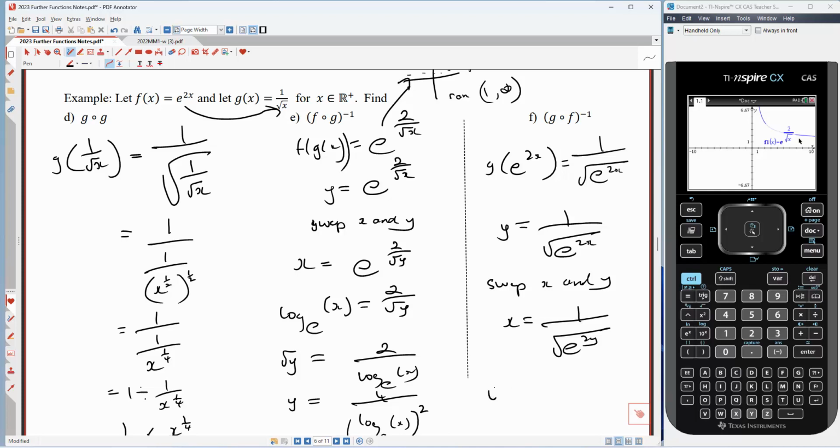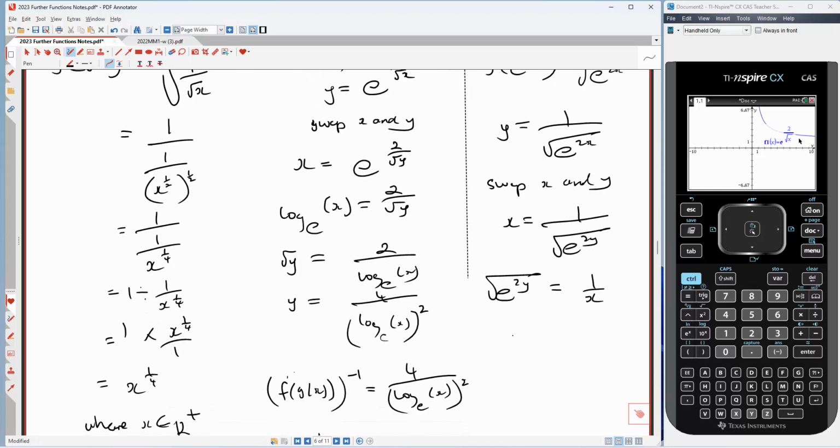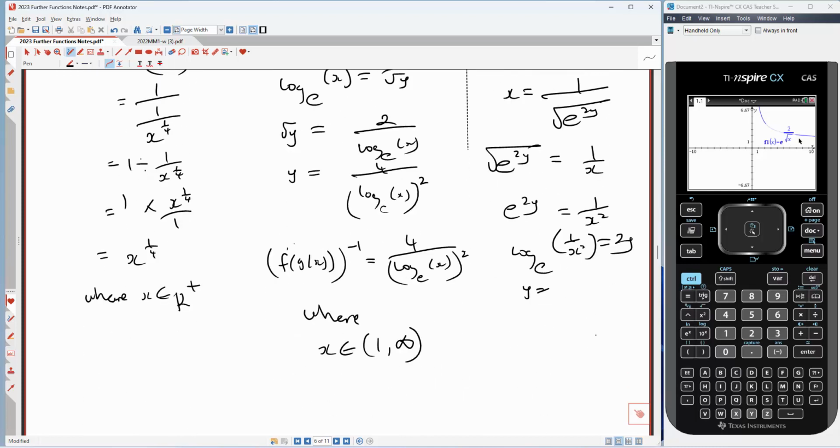Right, root e to the 2y equals 1 over x. e to the 2y equals 1 over x squared. Log e of 1 over x squared equals 2y. y equals a half log e of 1 over x squared.